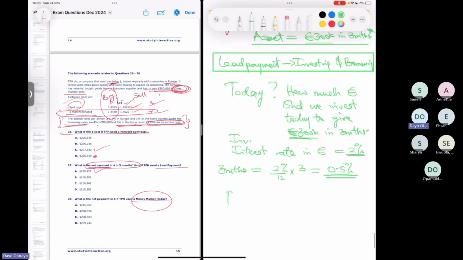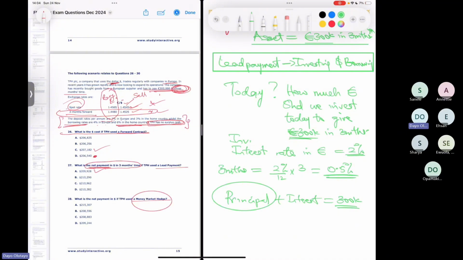So these are investment rates. So principal plus interest must be equal to 300,000 euro in 3 months' time. That's what we're saying. And we want to know what should be our principal, because that is the principal that we need today.